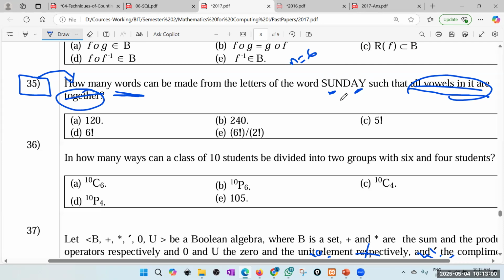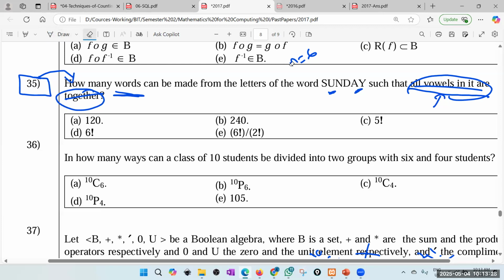We need to take all the letters because it says how many words can be made from the letters. Letters means you take all the letters. So the answer is factorial 6, that is 6 into 5 into 4 into 3 into 2, because these are distinct elements. But now the question is not that.